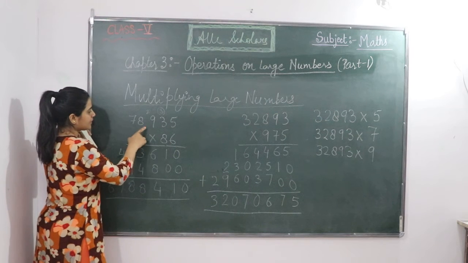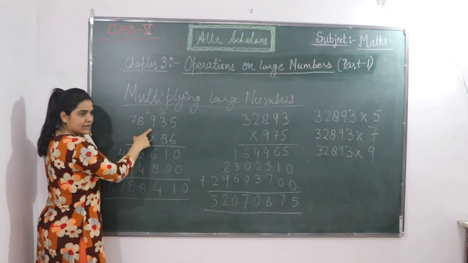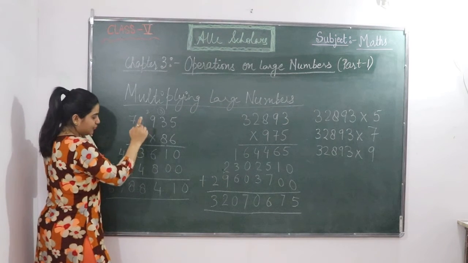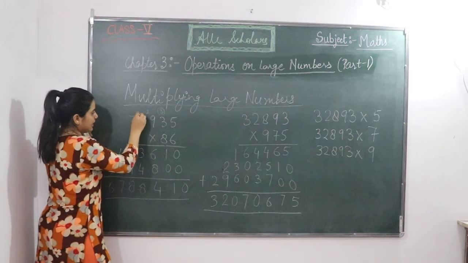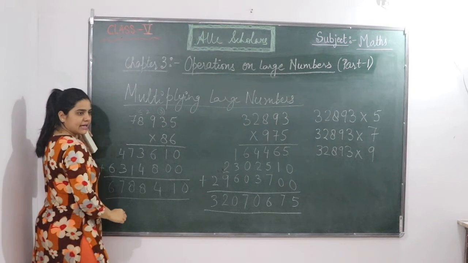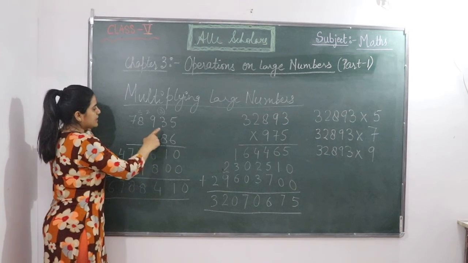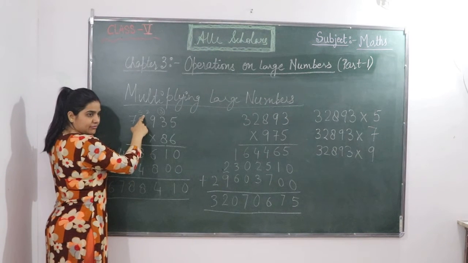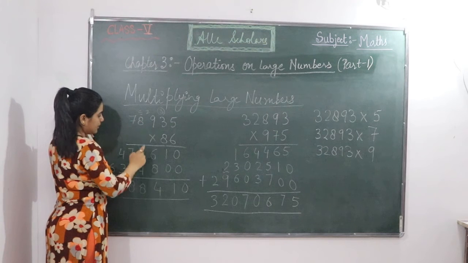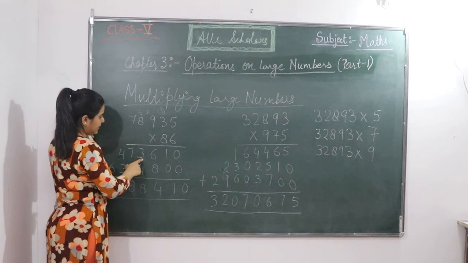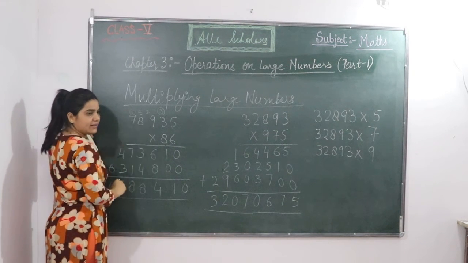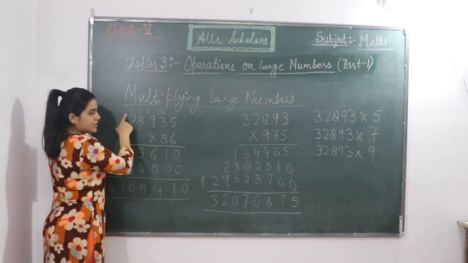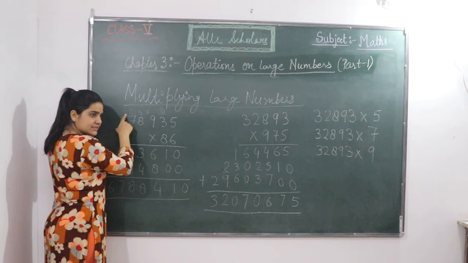Next, 6 9s are 54 and 2 carry, so 56. 6 here, 5 goes as a carry. Now 6 8s are 48 plus 5, so 53. 3 here, 5 goes as a carry again. Now 6 7s are 42 plus 5 gives you 47.